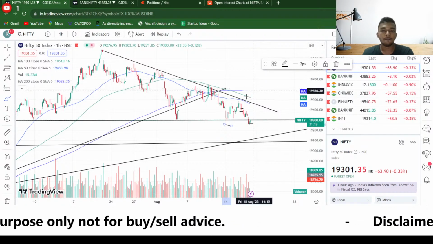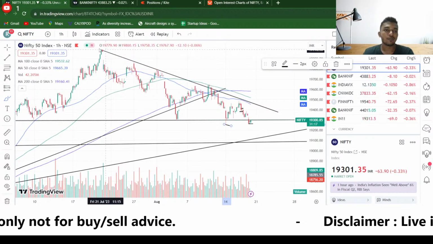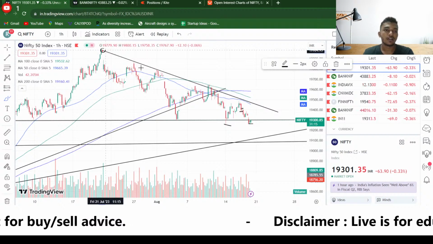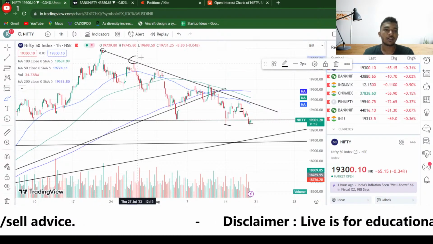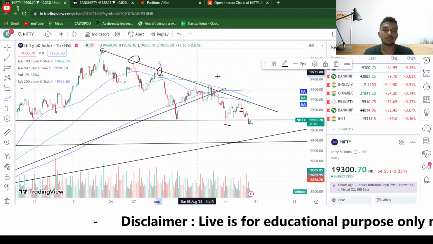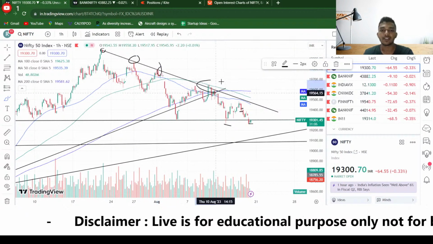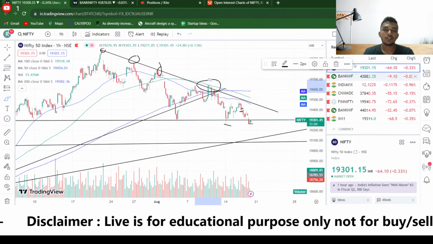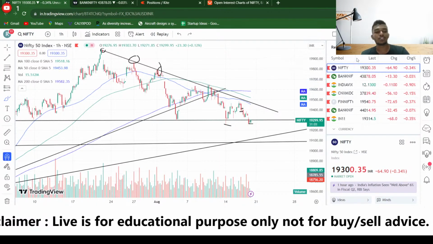But it has faced resistance from the trend line many times, and I feel this could be a time where it can give a breakout, and once it gives a breakout, the sentiments can change overall. These are the resistance levels which Nifty has faced.